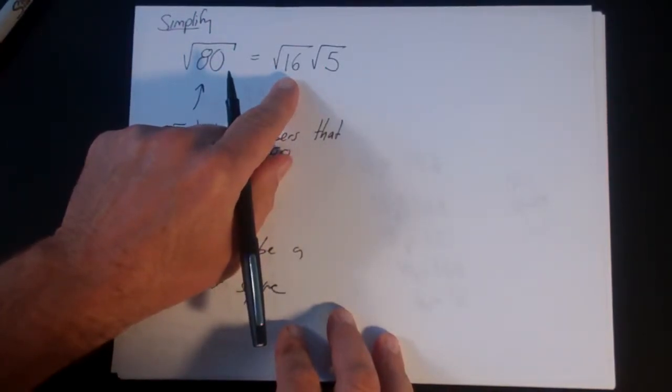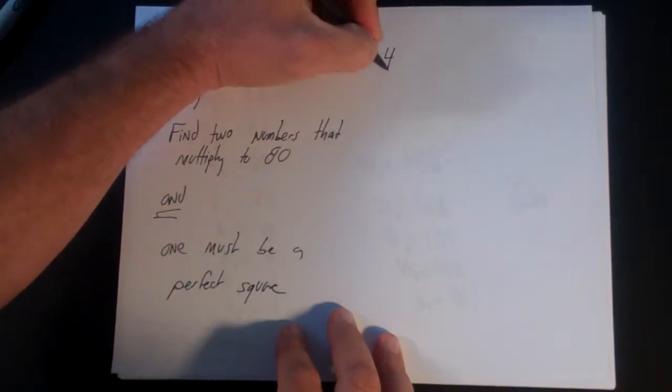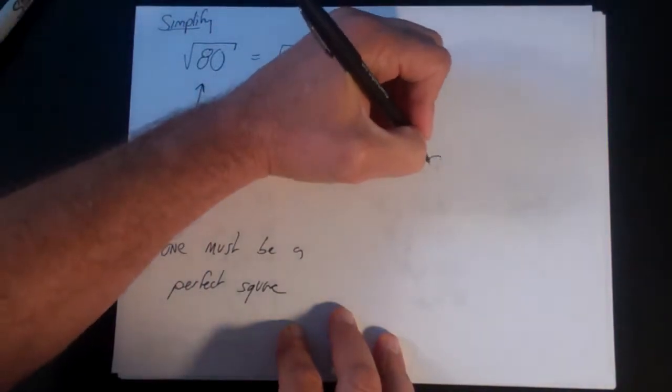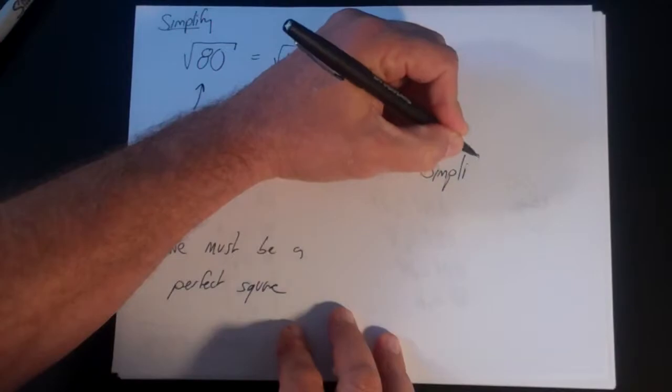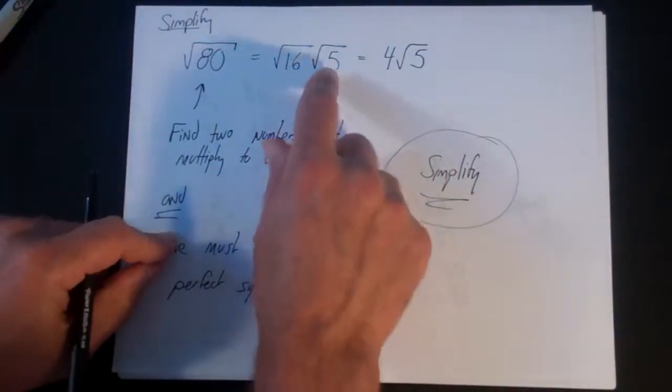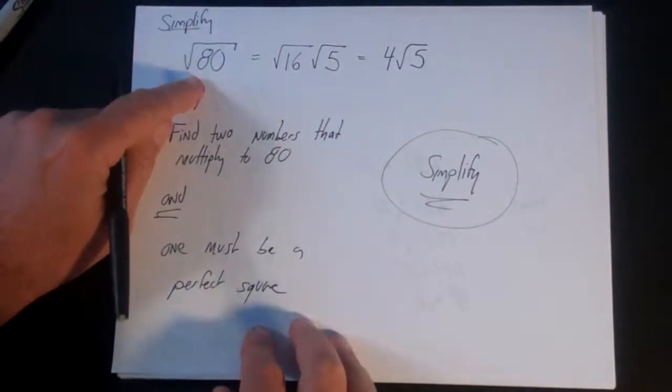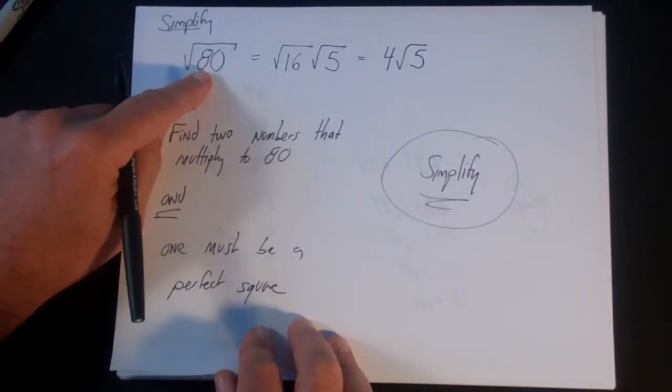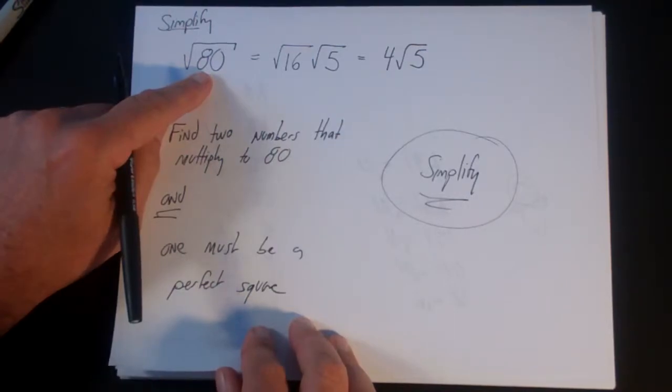The square root of 16 is 4, so we get the answer 4 square root of 5. So we get the idea of what we mean by simplify. When we say simplify a square root, we mean to rewrite it so that the number that's inside the square root is as small as possible.